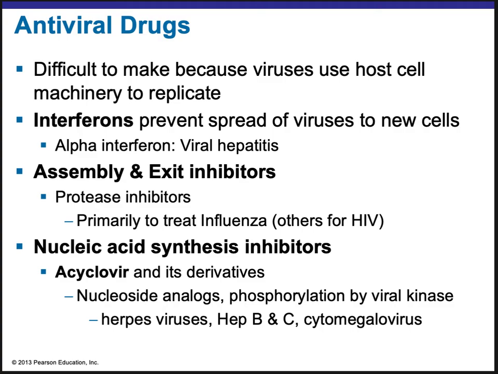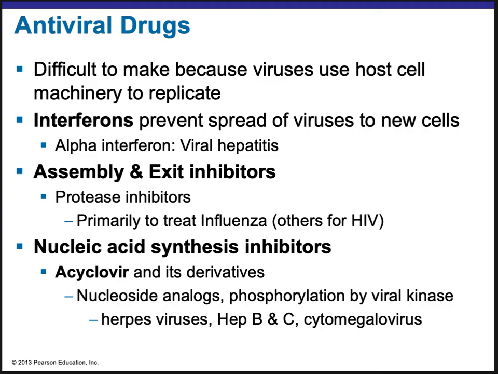We've learned how to make interferon as a drug that the person can take, and this has been very helpful in fighting viral hepatitis. So hepatitis B and hepatitis C in particular, right?